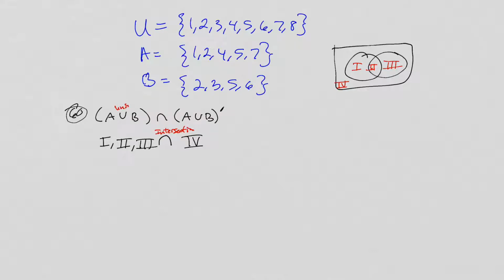Here is union. Here is union. So the intersection means what they have in common. And they have nothing in common. So the elements or the regions they have in common would be empty, okay? There are none. There are no elements to list. So this is called the empty set, all right? Or basically no solution.